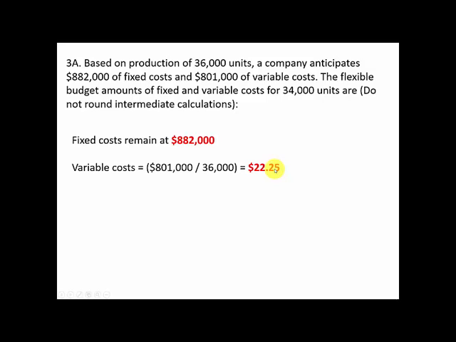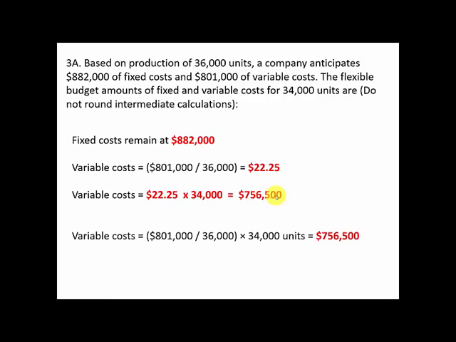And if we want to see what the total variable cost is for 34,000 units, then all we have to do is multiply that variable cost per unit times the new volume level of 34,000 units, and we'll get what the total variable cost is at that volume level, which is $756,500.